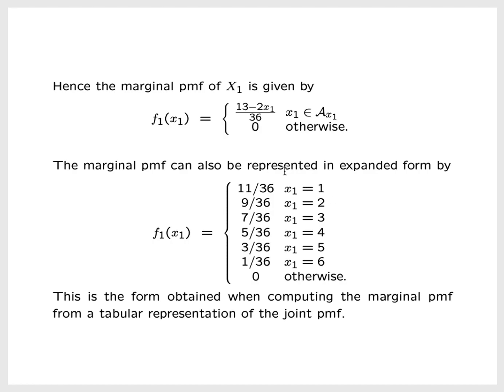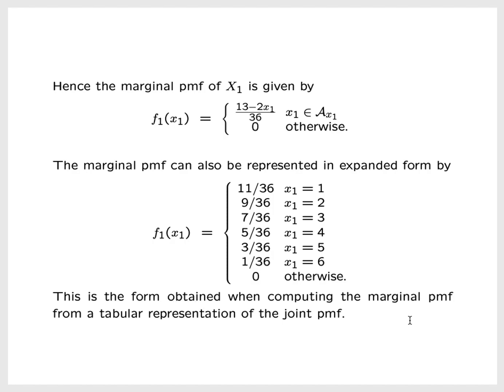So it's equal to 11 over 36 if we're evaluating the marginal PMF at 1. If we evaluate this marginal PMF at 2, then it evaluates to 9 over 36. It evaluates to 7 over 36 if X1 is equal to 3, 5 over 36 if X1 is equal to 4, and so on.